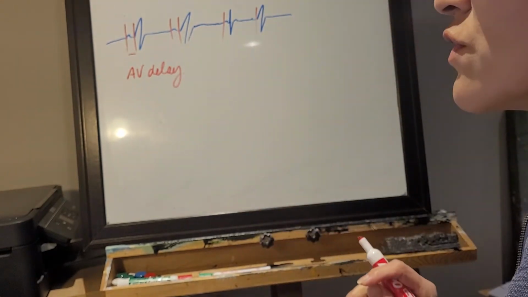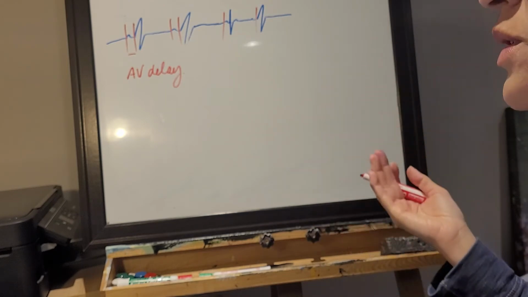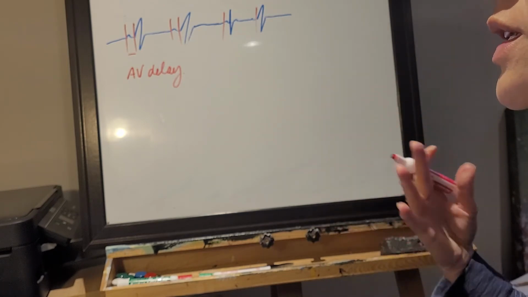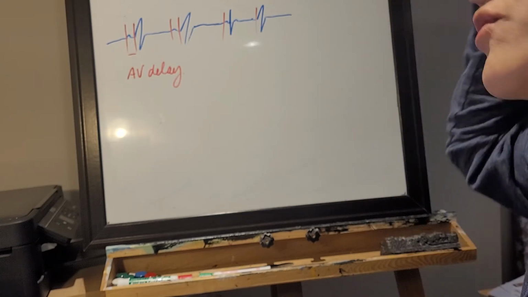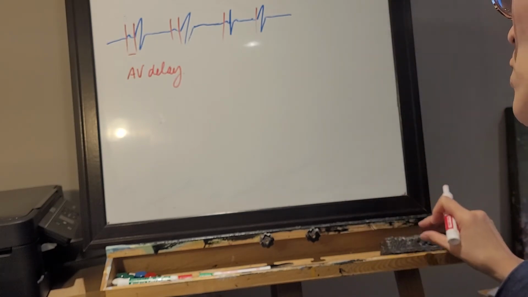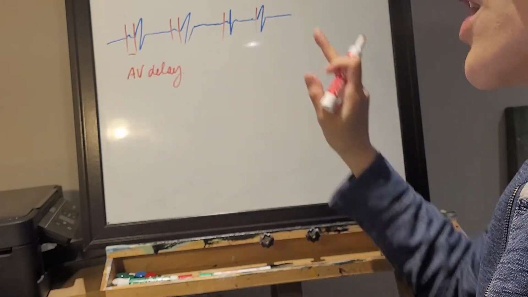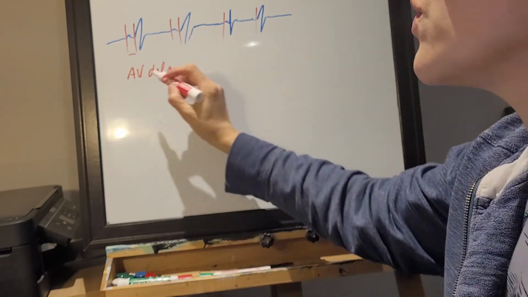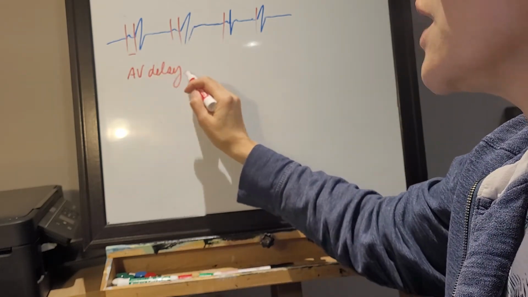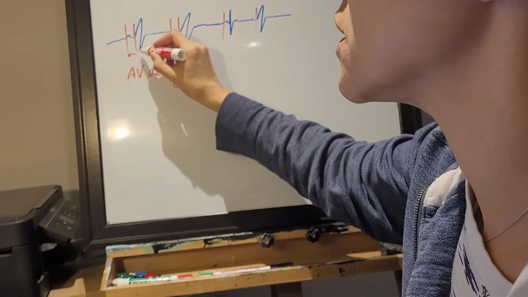This is a timing interval that is meant to mimic the normal AV delay in normal sinus rhythm, because remember, we want to take advantage of atrial kick and the benefits for ventricular filling and the stroke volume. So we want atrial depolarization then contraction prior to ventricular depolarization and contraction. So this one is called the AV delay or the AV timing interval, which is the distance here.